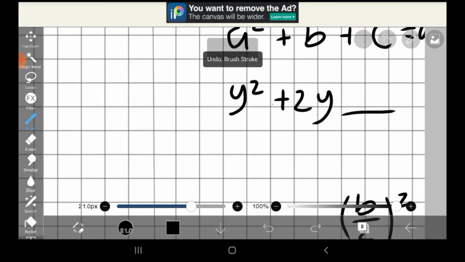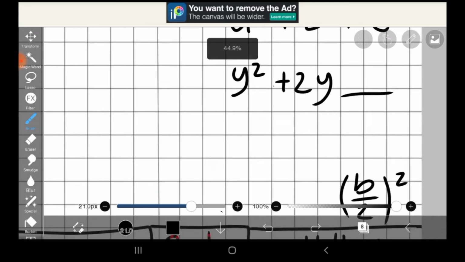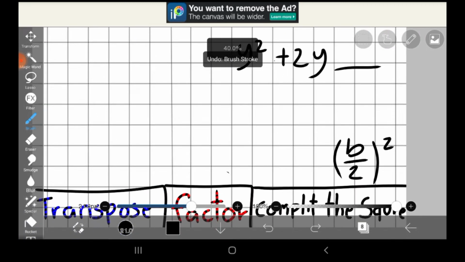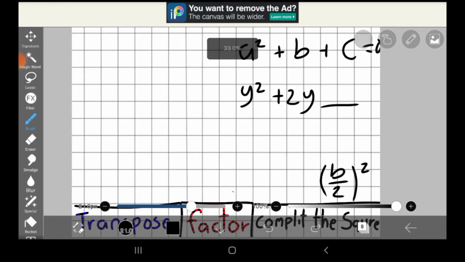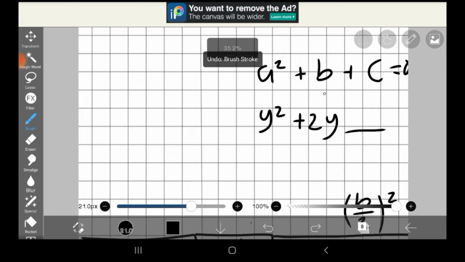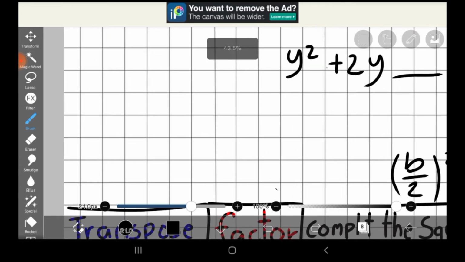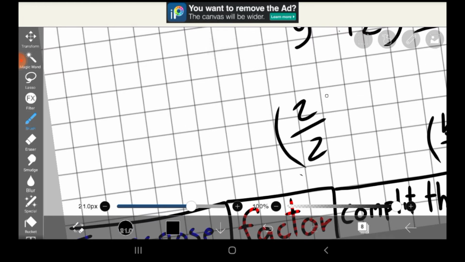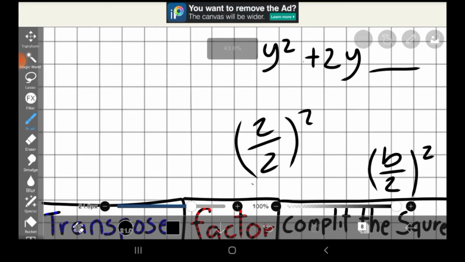So how do we find the constant? It's really easy. You will use b over 2, squared. B is the second term. So when you substitute the second term, it will be 2 divided by 2 is 1, squared.